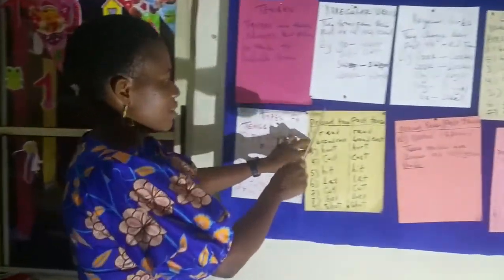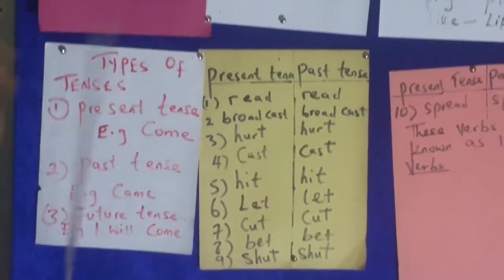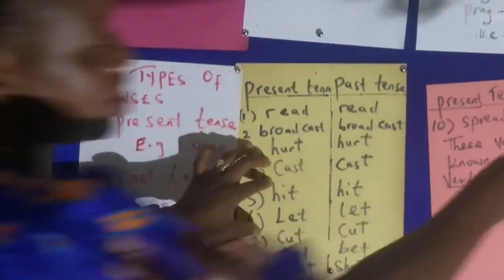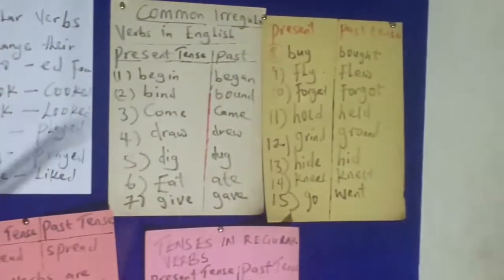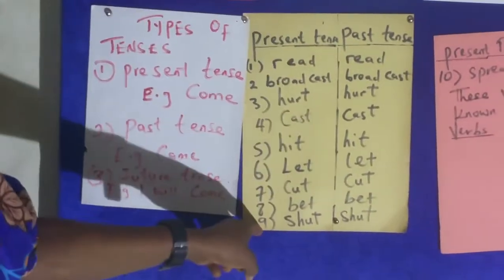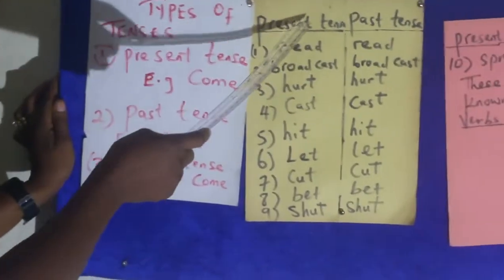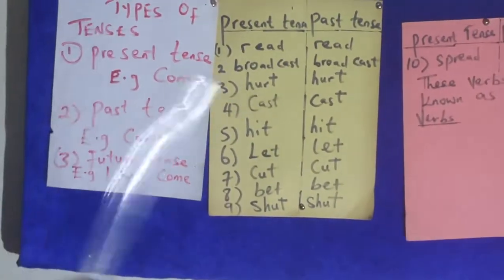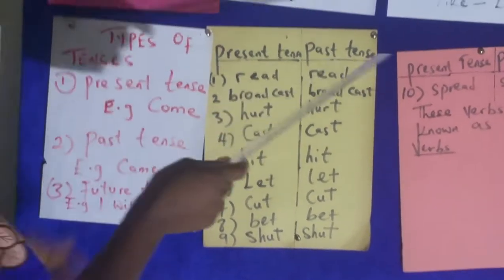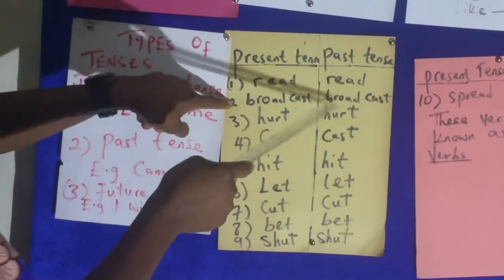So let's look at this. As I said earlier, irregular verbs occur in two forms. We have some irregular verbs that change their format to different things. We also have some irregular verbs that retain their formats. All these ones are irregular also. If you check now, the present tense and the past tense are the same thing. For example, we have read, read, broadcast. The past tense of broadcast is broadcast.